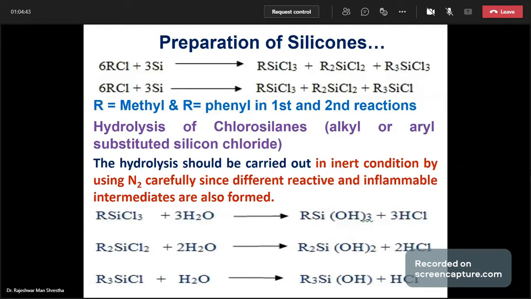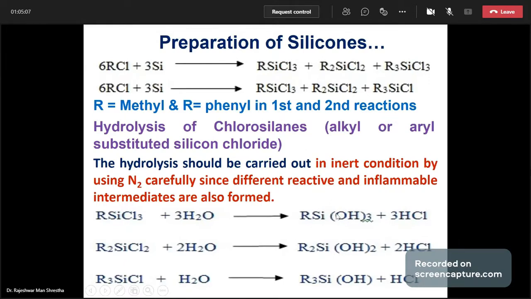So the reactions should be carried out in an inert environment, either by using nitrogen gas or argon gas. In this process, the chlorines of the chlorosilane are replaced by OH of water.